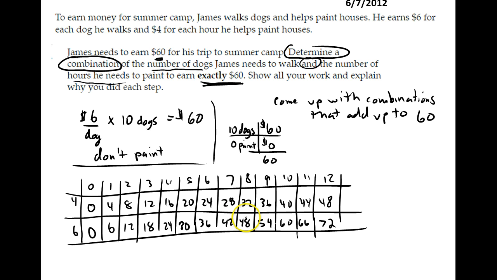But here we go. $48 made by walking dogs, $12 made by painting houses. So he could do 8 dogs times $6 a dog and get $48, and then he could paint for 3 hours times $4 an hour and get $12, and that would add up to 60. That's another answer.